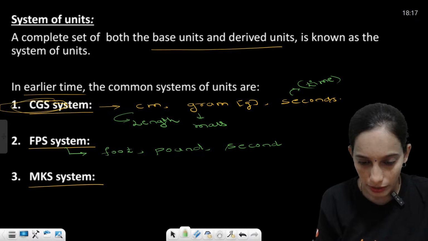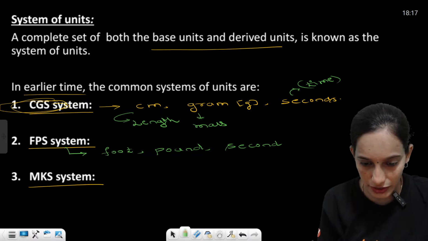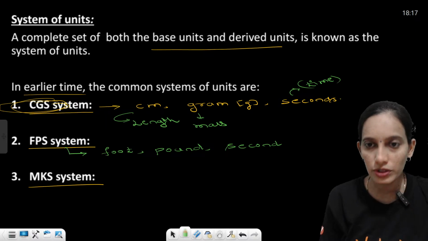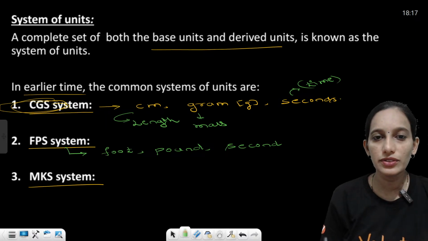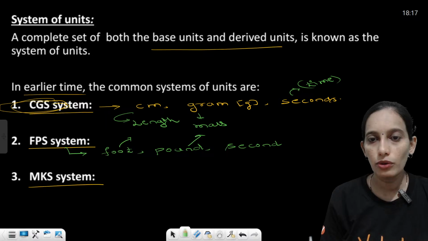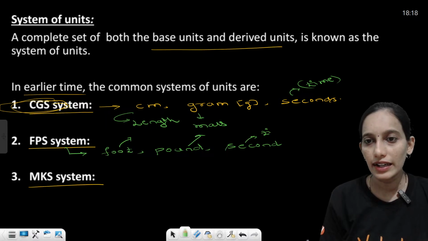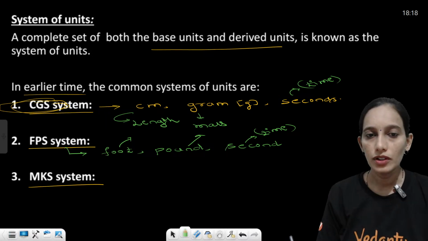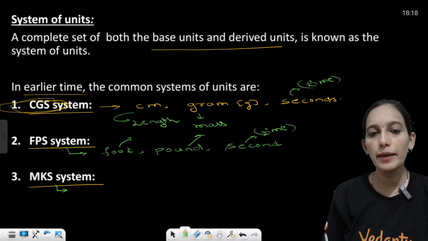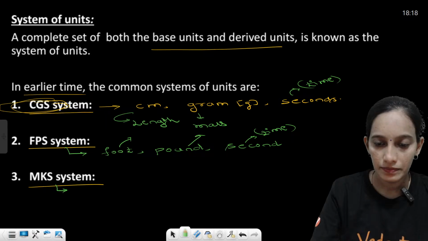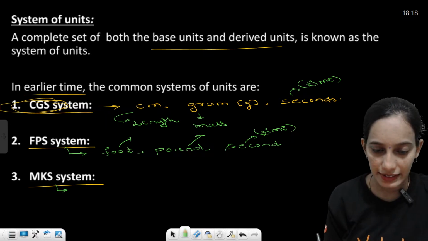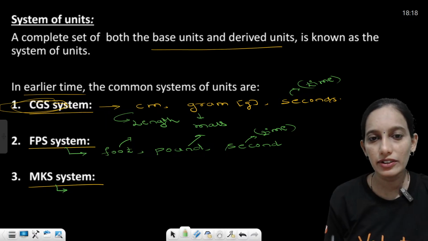Somebody asked what FPS stands for. FPS stands for foot, pound, and second, where foot is for length, pound is to measure mass, and second is to measure time. So that is one. And then we have the MKS system, which is again simple.